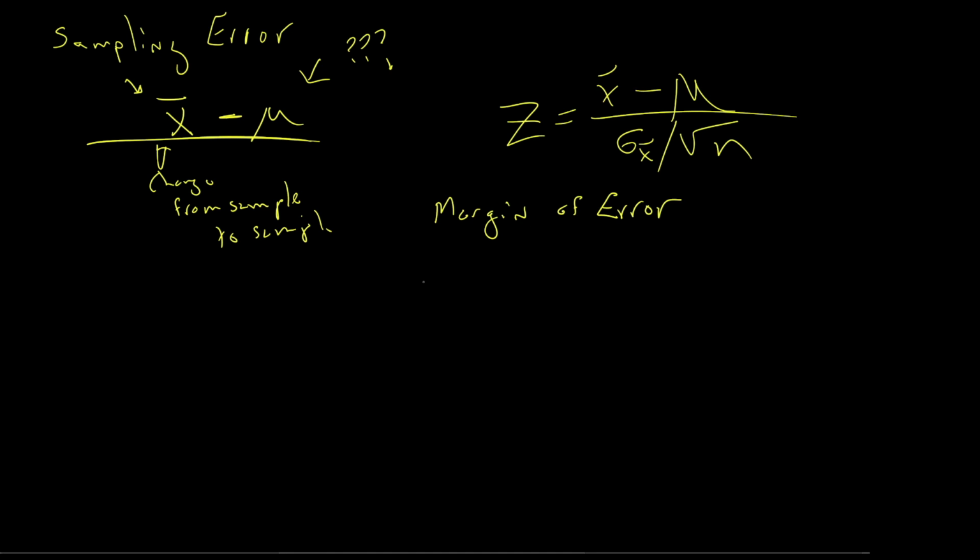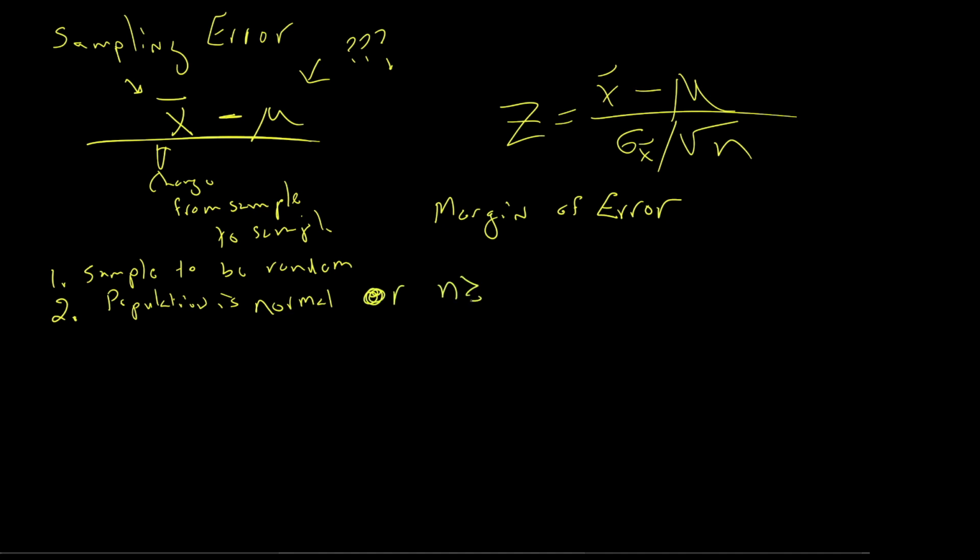And for this to work, we need the sample to be random, and we need the central limit theorem to hold, which means the population is normal, or n is greater than or equal to 30.